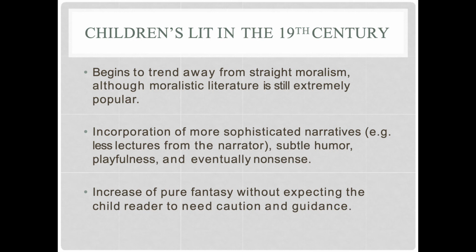These narratives incorporate much more sophisticated narratives, and that also has to do with the development of the novel and the short story as a form, and really kind of getting into more sophisticated psychological realism in terms of narratives in general. So children's literature also sees that sophistication come into its narratives as well, and that includes having less intrusive lectures from your narrator. Although again, still sometimes commentary is present, as also happens even in the high realism that's targeted towards adults.